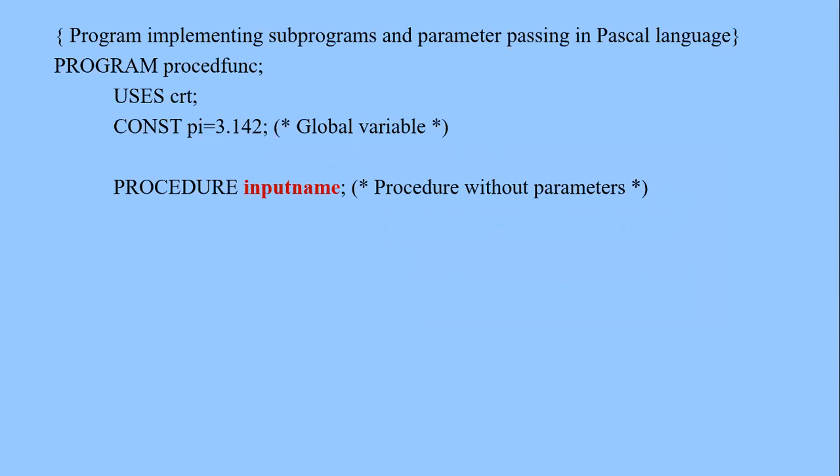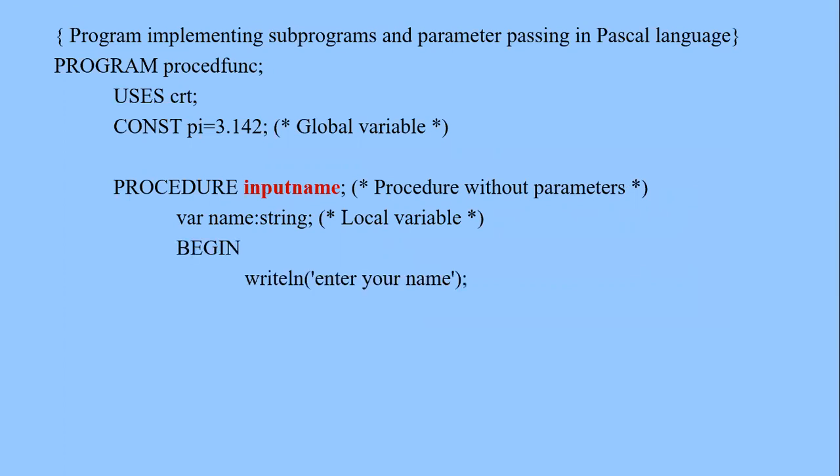And then we have the procedure called input name. It has no parameters. This procedure has 1 local variable, and this local variable is called name, and it's of type string.